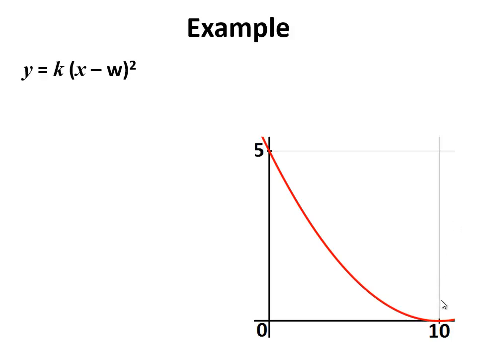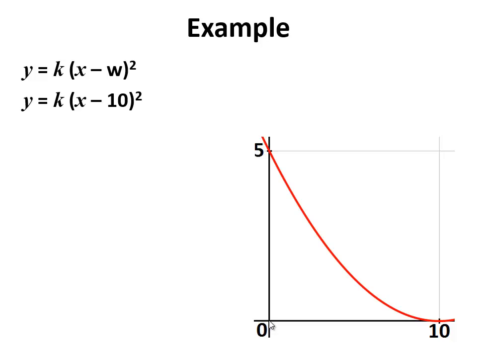So let's find out what it is when it turns at 10 and the intercept is 5. So here's our general form, and we know our w is 10, so that's that, and that gives us the general form of a parabola that turns at x equals 10.